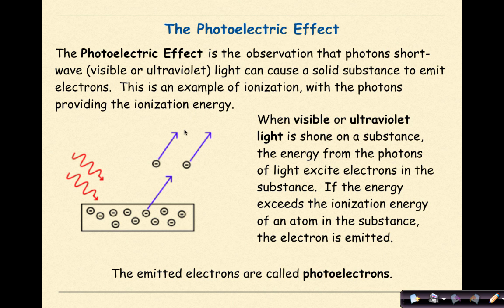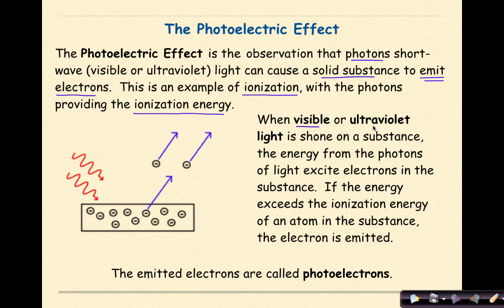The photoelectric effect. The photoelectric effect is the observation that photons of shortwave, visible, or ultraviolet light can cause a solid substance to emit electrons. And remember, the word emit just means to release. This is an example of ionization, with the photons providing the ionization energy.